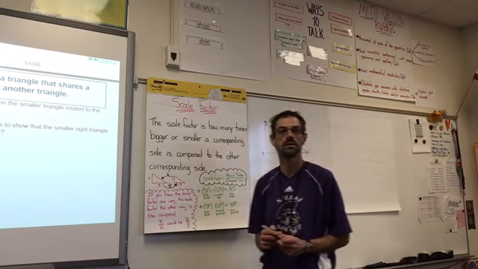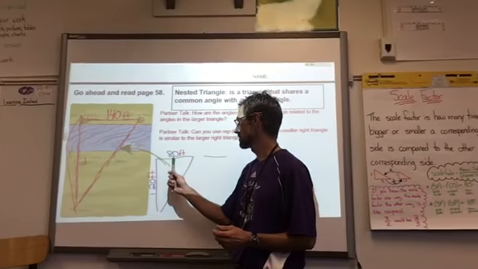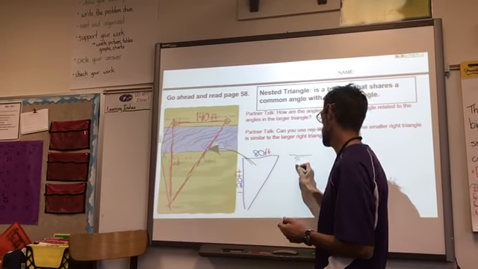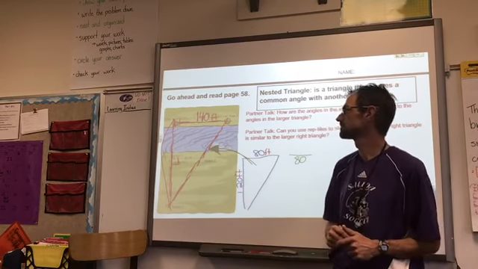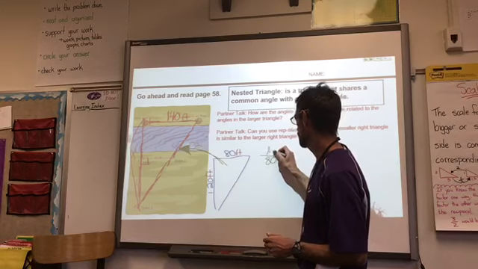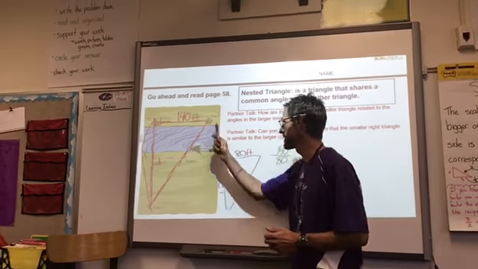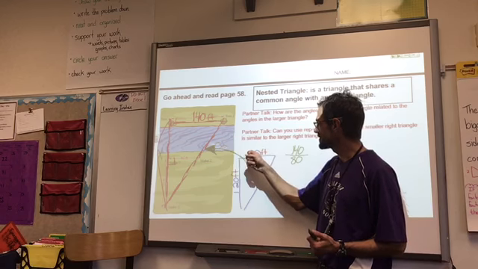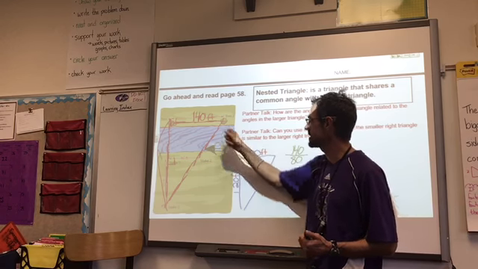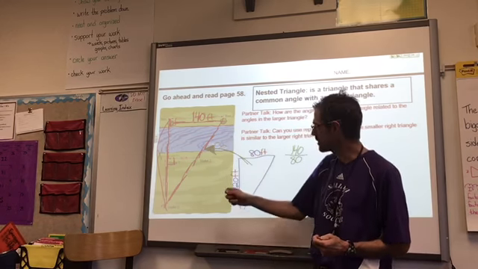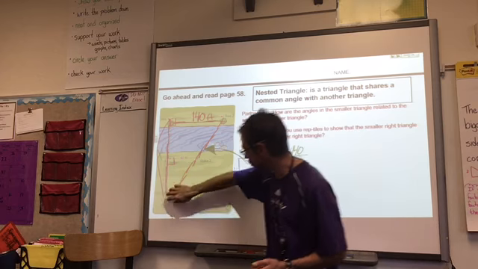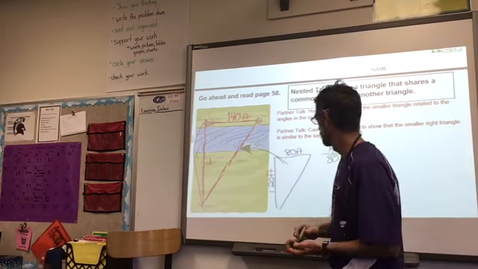The original triangle. Okay, so that would be my denominator. And 140 would be my numerator, because these correspond. So if I know the scale factor from here to here, then I'm going to be able to know the scale factor from here to there.